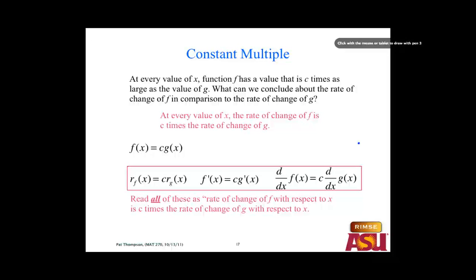Again, we read all of those as the rate of change of f with respect to x is c times the rate of change of g with respect to x. Okay, so we want to prove it.